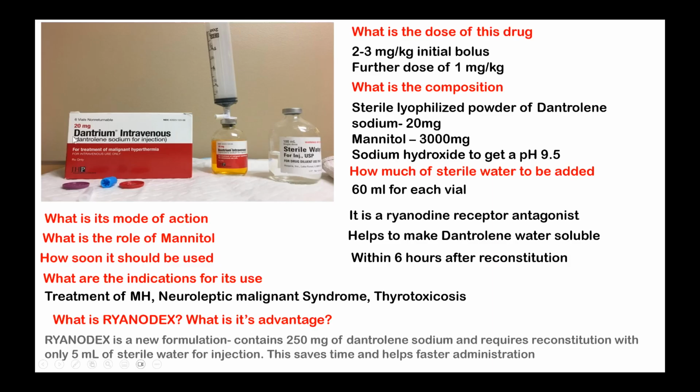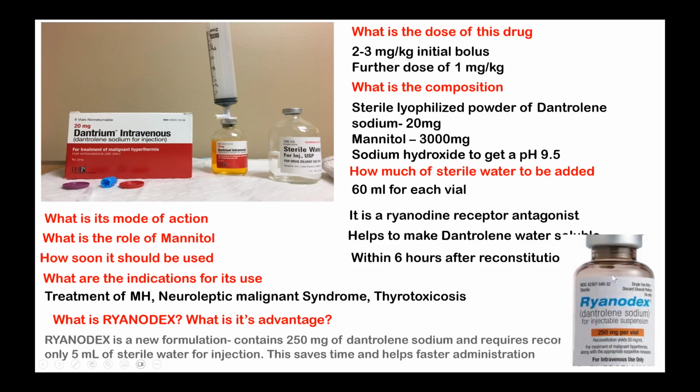That means you have to dissolve roughly 10 vials, and every vial needs 60 ml. So it is a laborious process. To avoid that, they now have 250 milligram vials, which require only 5 ml of sterile water to reconstitute. This saves time and helps faster administration. So the new Ryanodex is available as a 250 milligram per vial bottle.